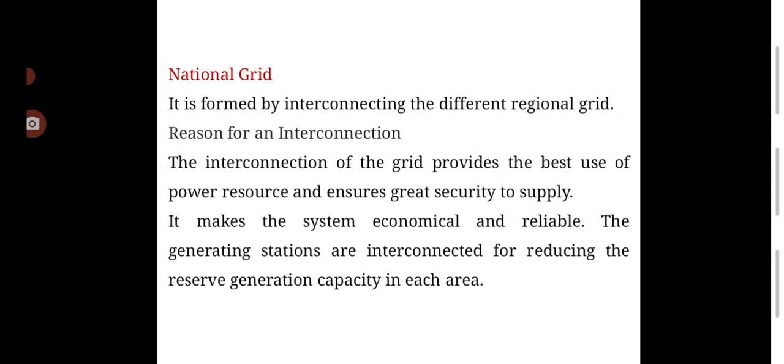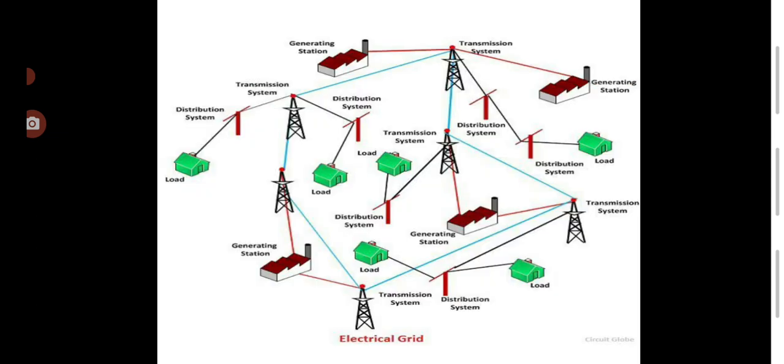So it makes the system economical and reliable. In the national grid, the generating stations are interconnected for reducing the reserve generating capacity in each area. So these are all about the regional and national grids, right?